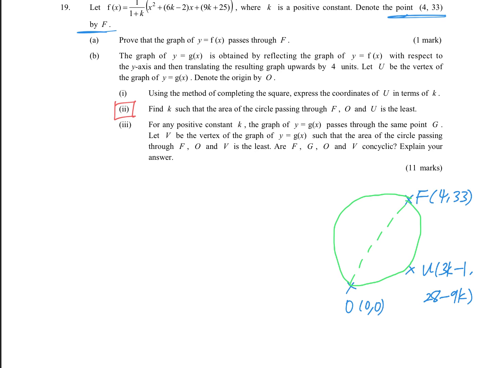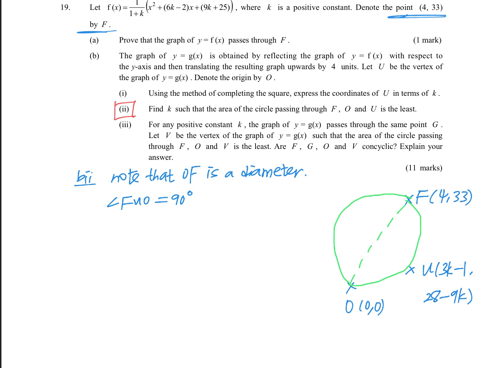So that's why, first of all, for B2, it's about geometry. So you may try to say, note that OF is a diameter. So in that case, angle FUO will be 90 degrees.